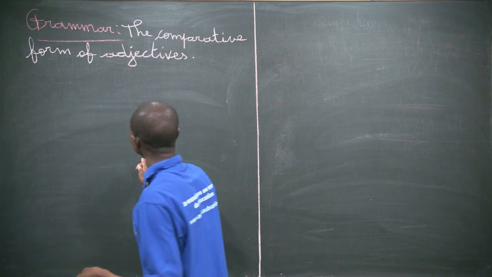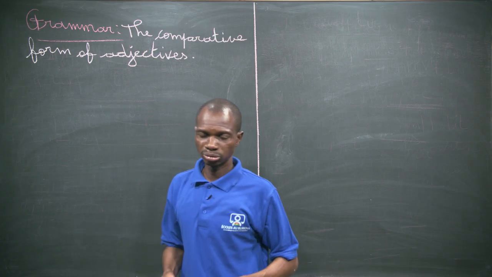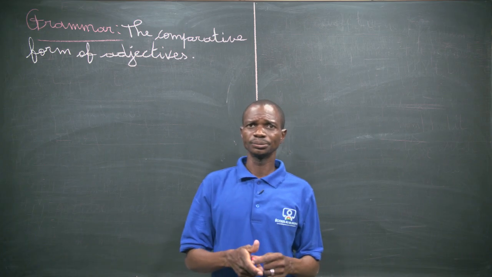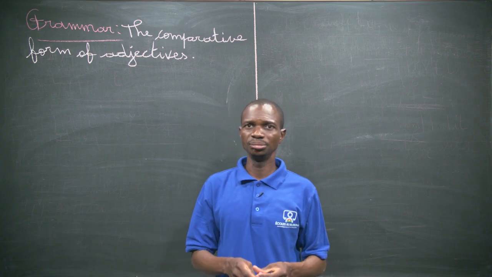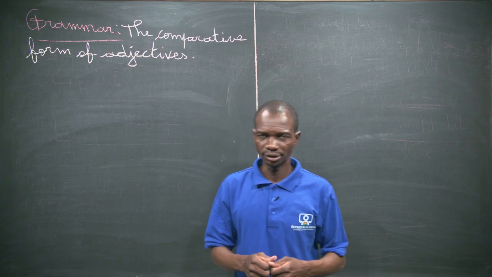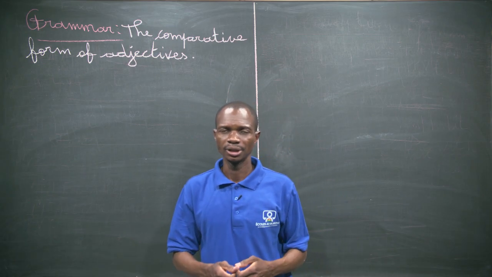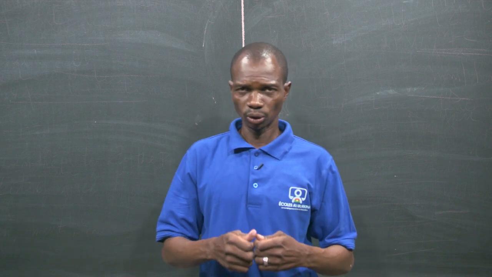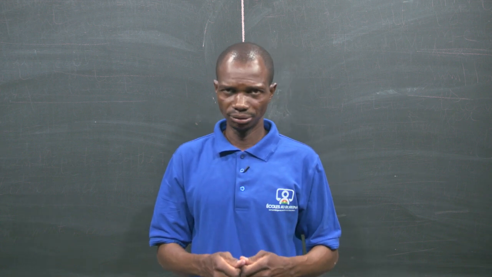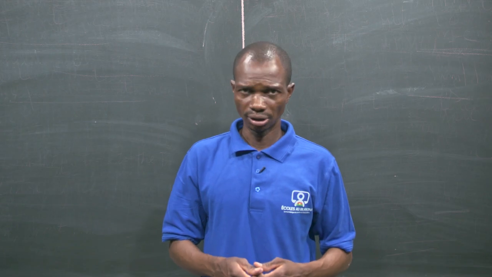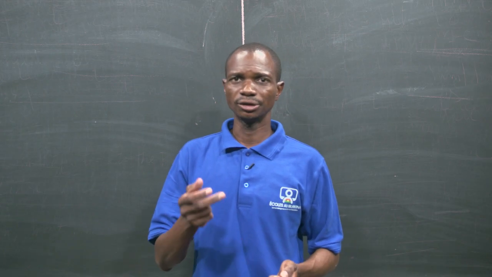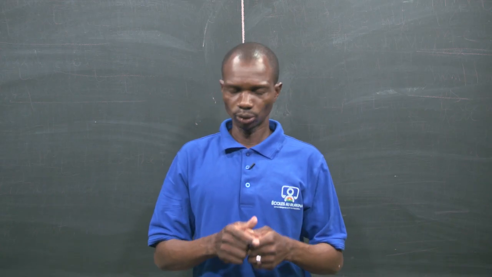In this lesson, we are going to divide it into three parts. The big one will be the comparative of superiority. Big two, the comparative of equality, and big three, the comparative of inferiority.